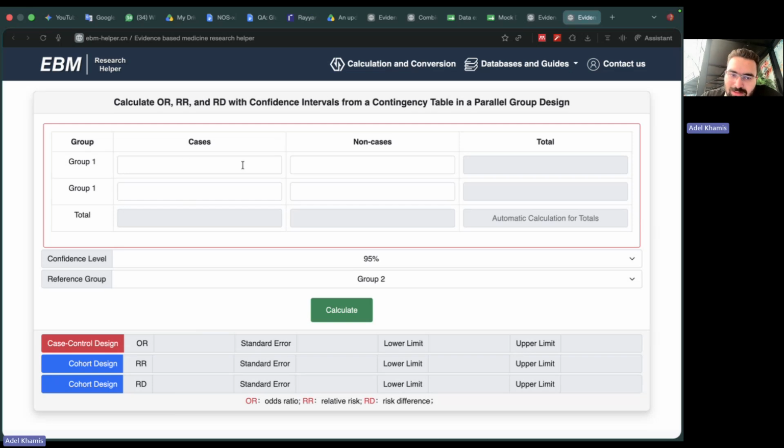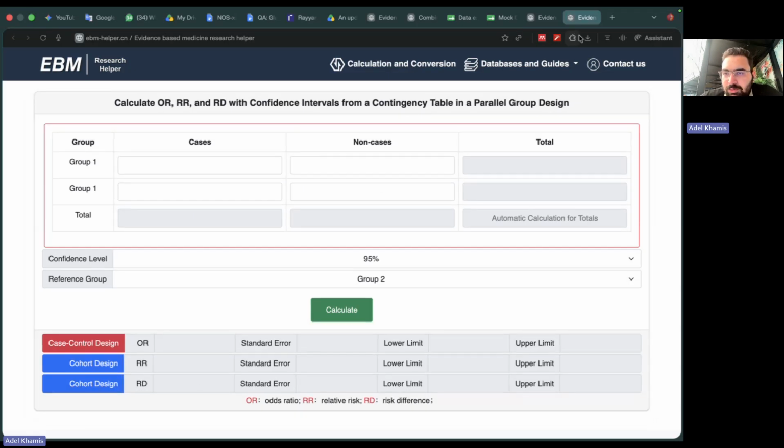So here stroke and delirium, here stroke with no delirium, here no stroke with delirium, here no stroke, no delirium. So in the sample size, we press calculate, and it will give me the odds ratio, the relative risk, and the risk difference if I want, and so on.